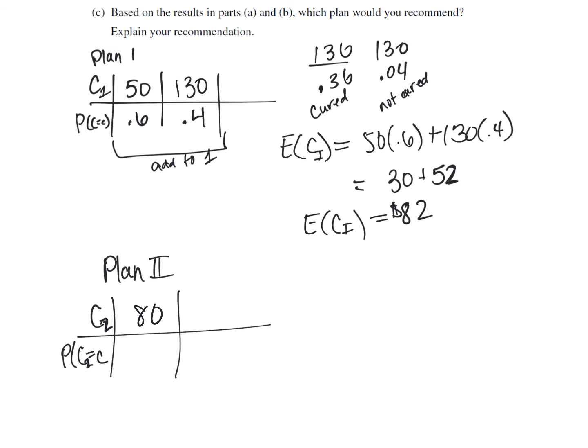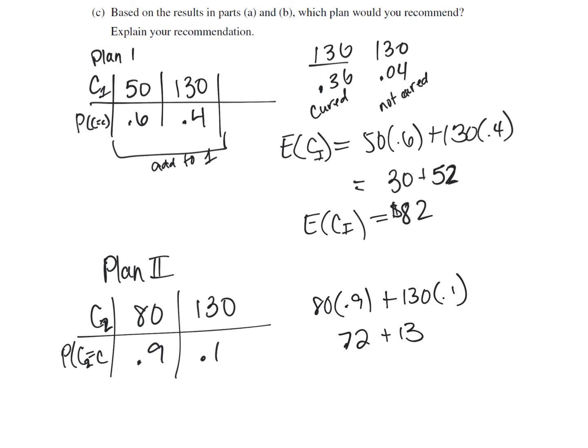And what's the probability that they only have to pay $80? 0.9. And then what's the second possible cost? And what's the probability they pay a total of 130? 0.1. So 80 times 0.9 plus 130 times 0.1. So 72 plus 13, right? 85?